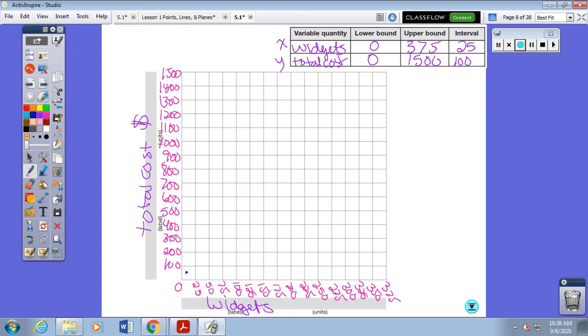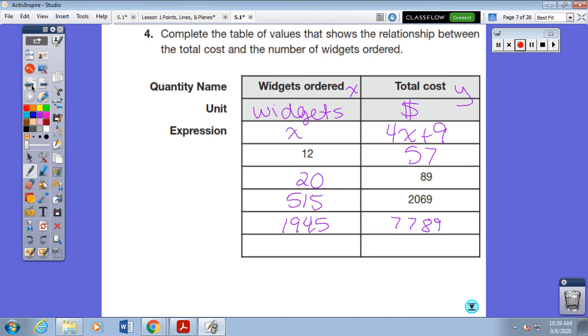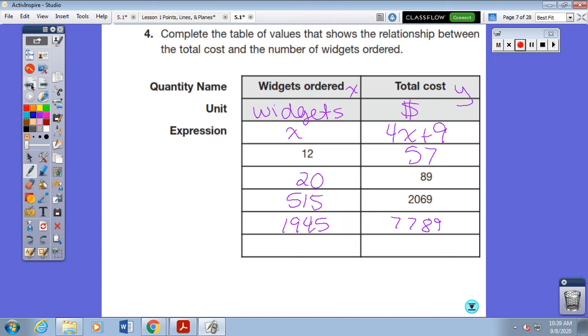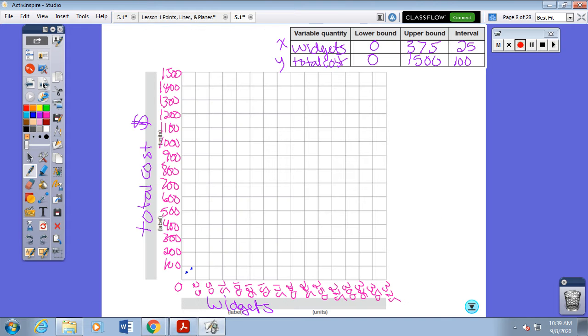So you're going to kind of rough it here. Then we had 20, 89, so we went up a little bit higher. And we had 515, 2069. I'm going to run way out of it.